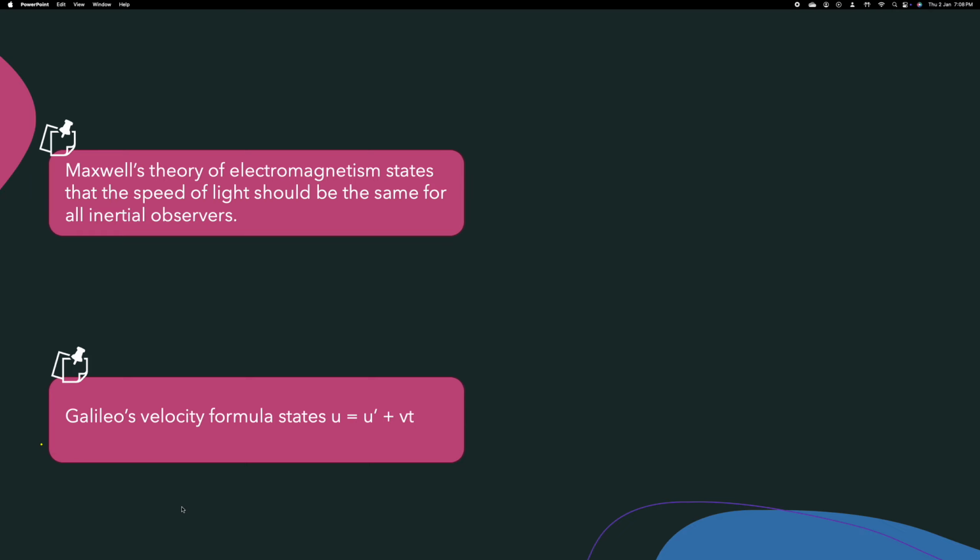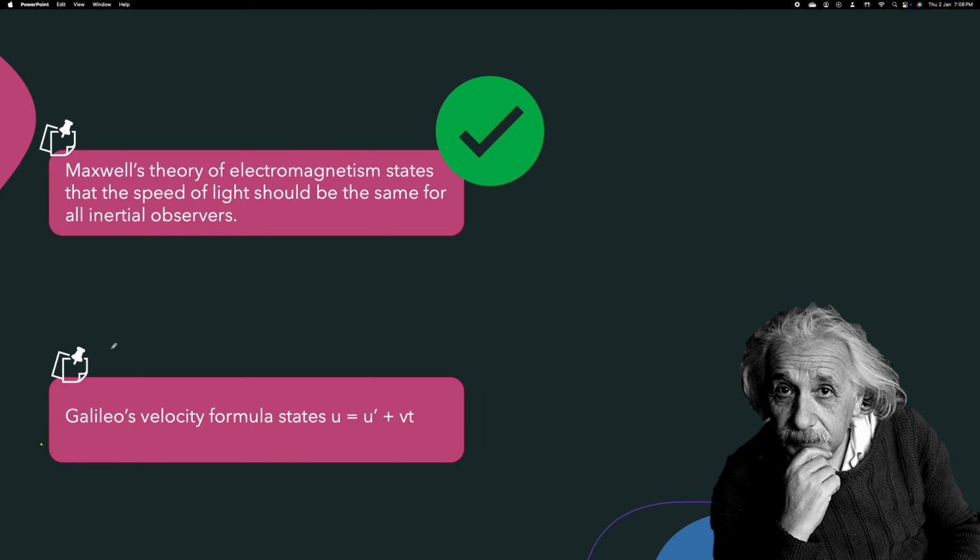And that's what Einstein thought of. He believed that Maxwell's theory of electromagnetism holds true. And therefore, he decided that we have to revisit Galileo's relativity formulas, right? It was very clear that the Galilean transformation equations were 100% correct when any object is moving with lower speeds.